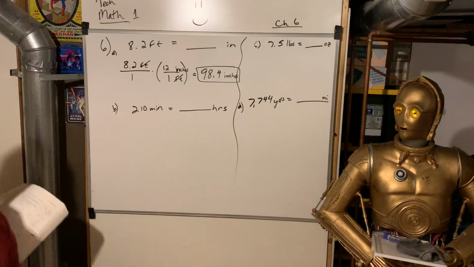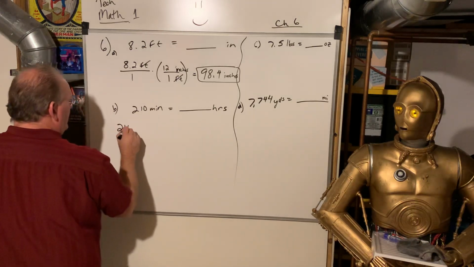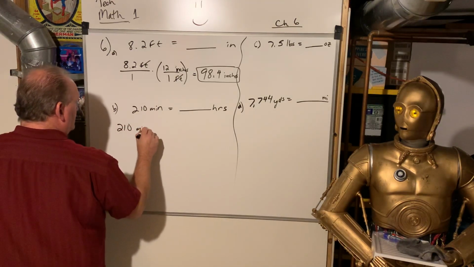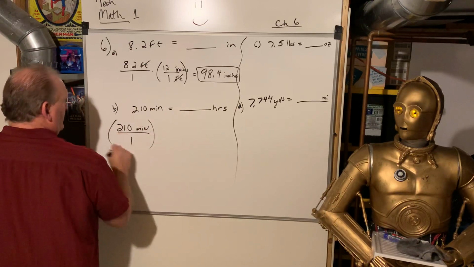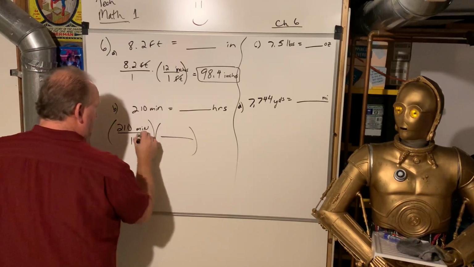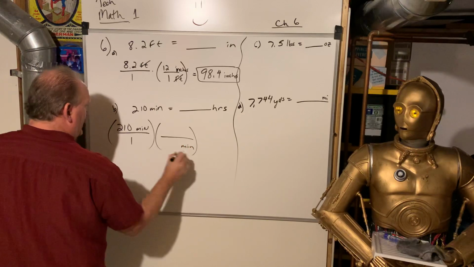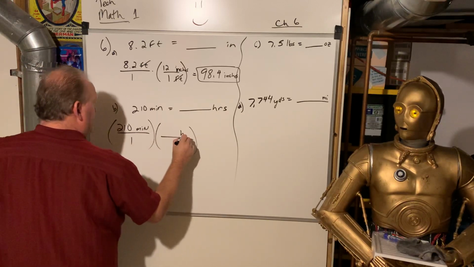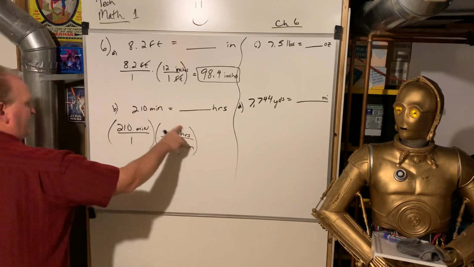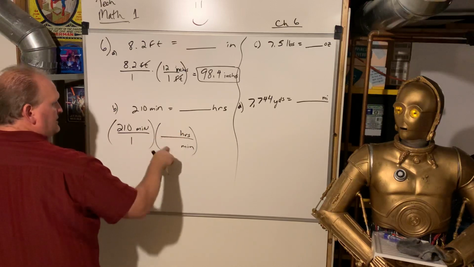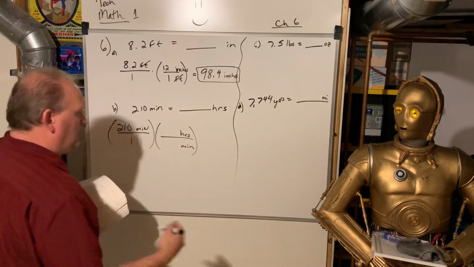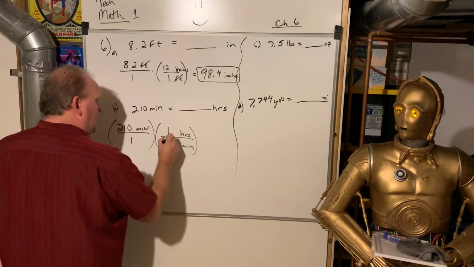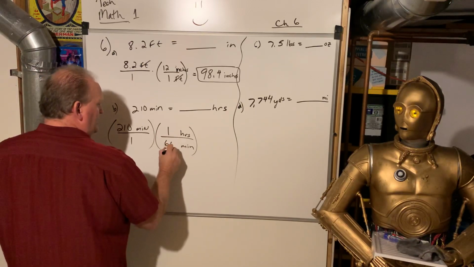All right. Same thing we do here. 210 minutes over 1. I want minutes to go away, so I'll put that on the bottom. I want hours to stay, so I'll put that on the top. And now you have to know the equivalency here. How are hours and minutes related? So 1 hour is 60 minutes.